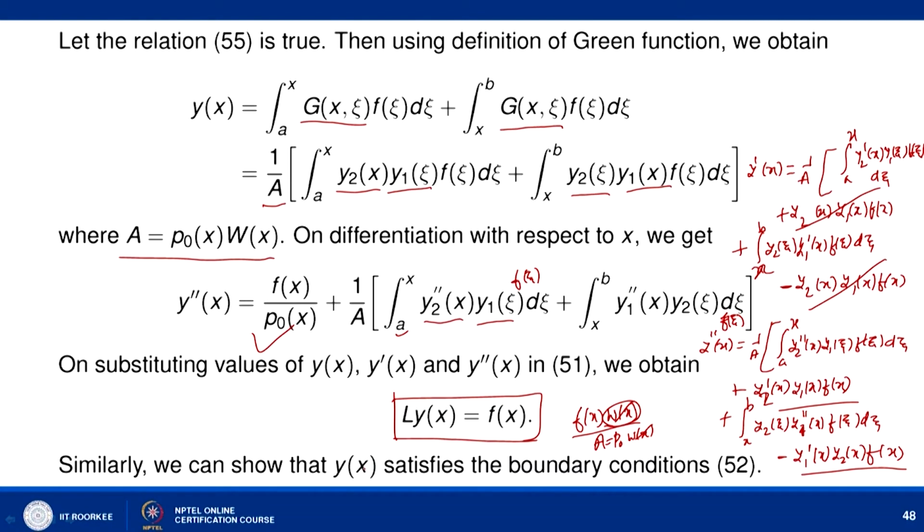Now, when you substitute the values of y double dash, y dash and y and calculate p naught y double dash plus p1 y dash plus p2 y, you will see that it is only f(x) plus 1 upon a times, inside, L of y2 in the integral from a to x. Let me write it here separately.